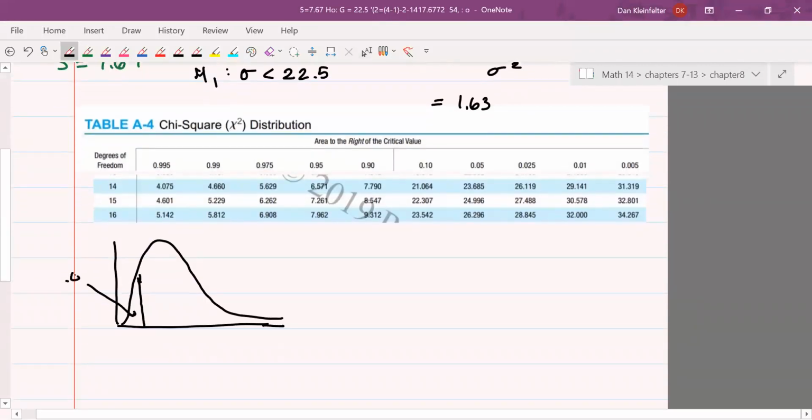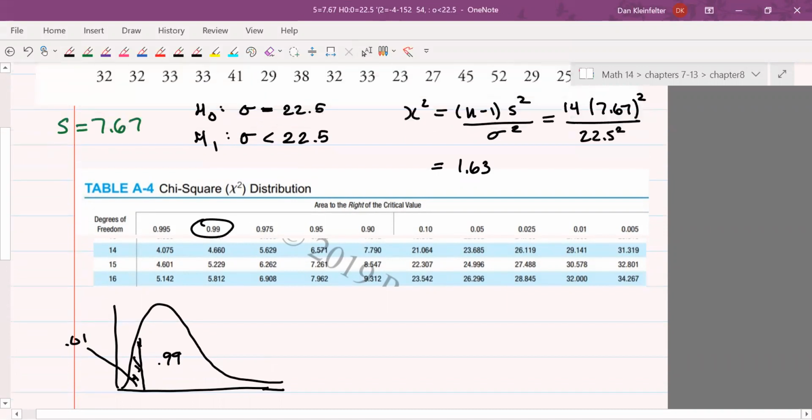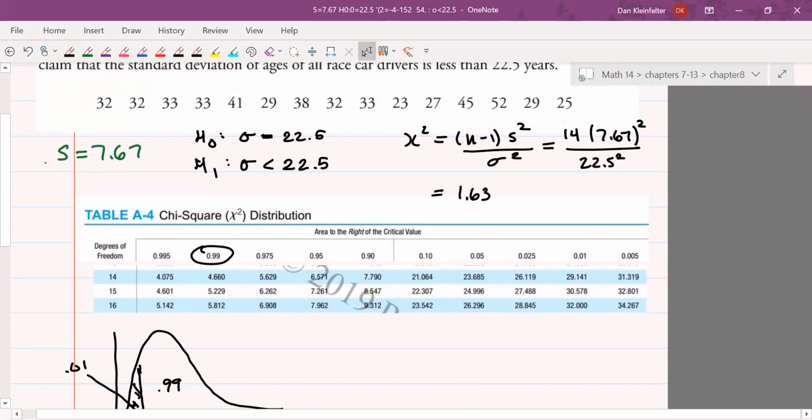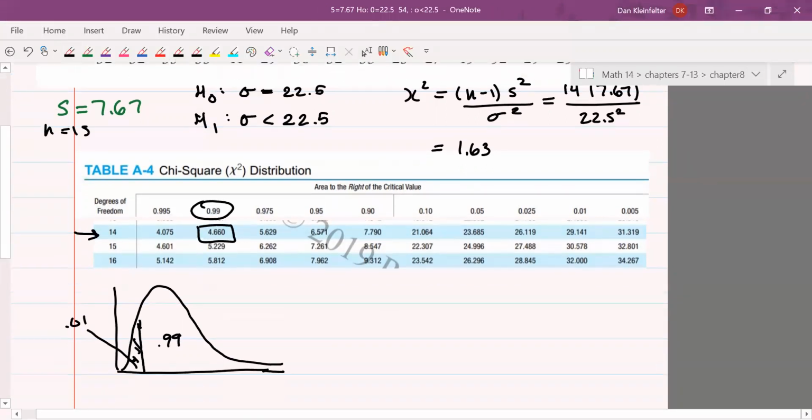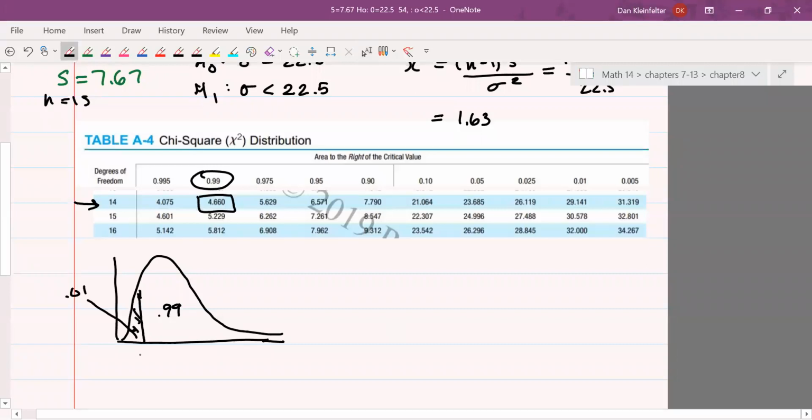So that means that the area in the left tail should be 0.01. So to the right should be 0.99. So we're in the 0.99 column. Our n was 15. So our n minus 1 is 14. Fortunately, our degrees of freedom is actually here this time. Looks like 4.66 for our critical value.